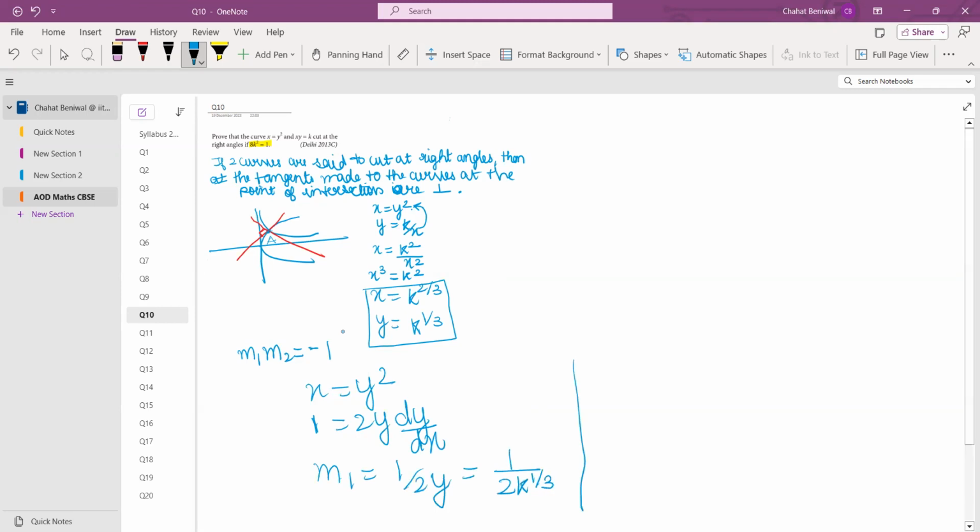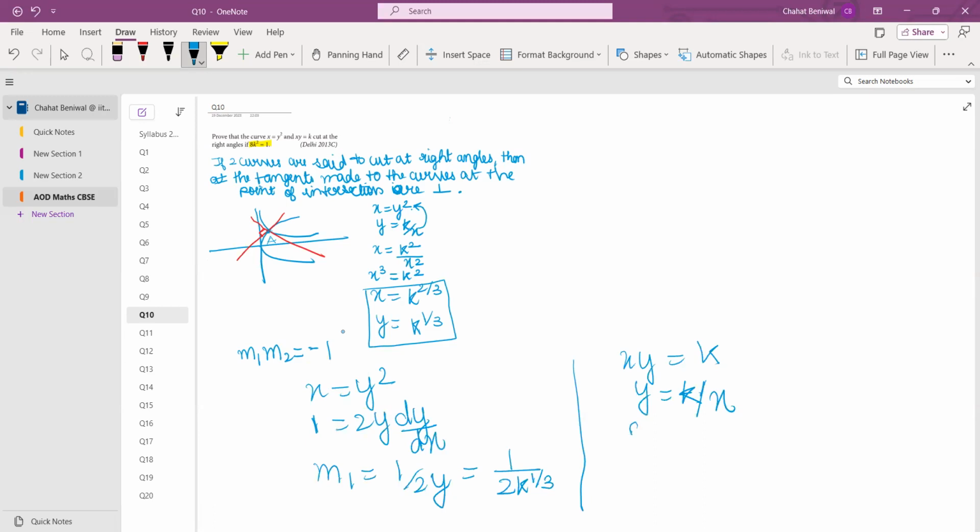Similarly, let's take another curve. So let's shift x this side, y equals k upon x.